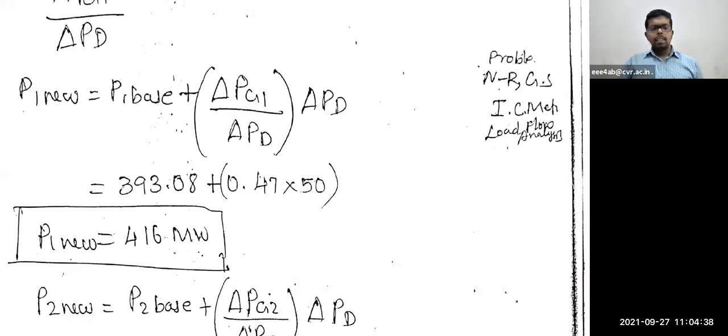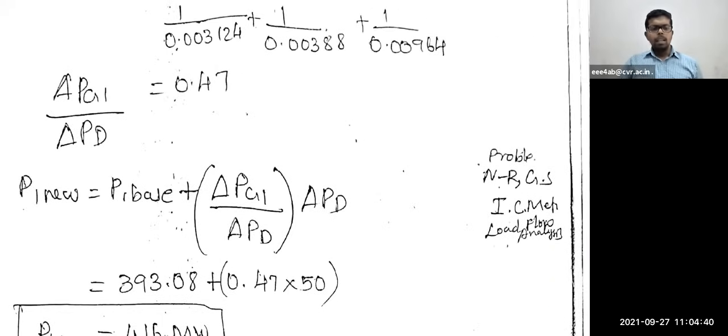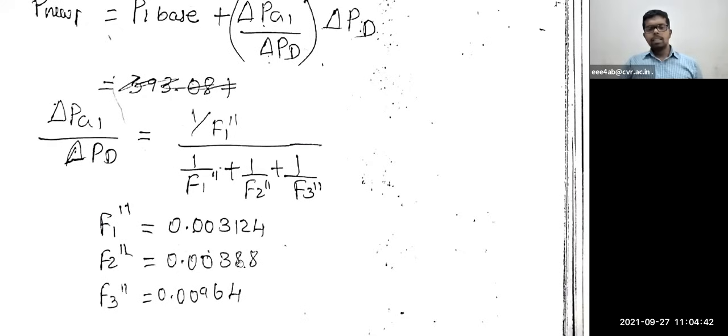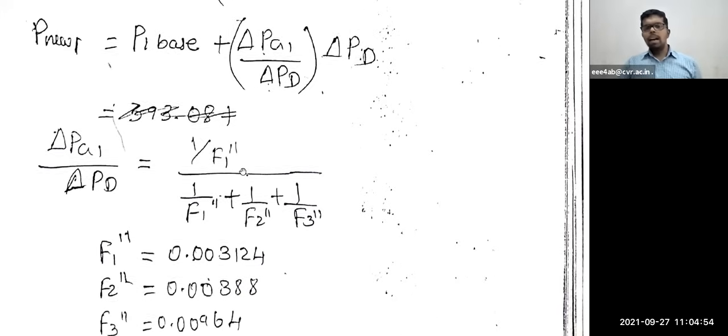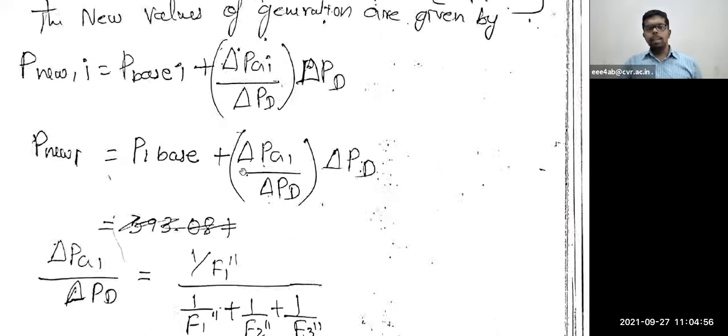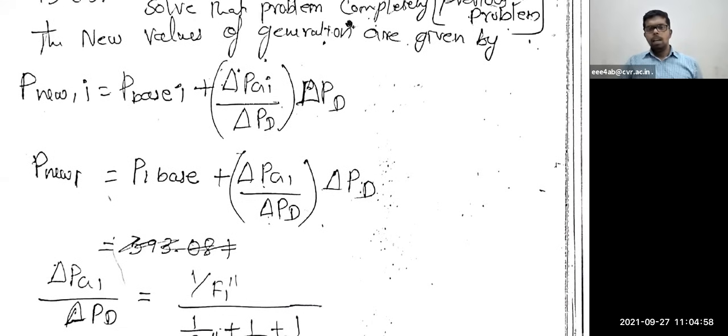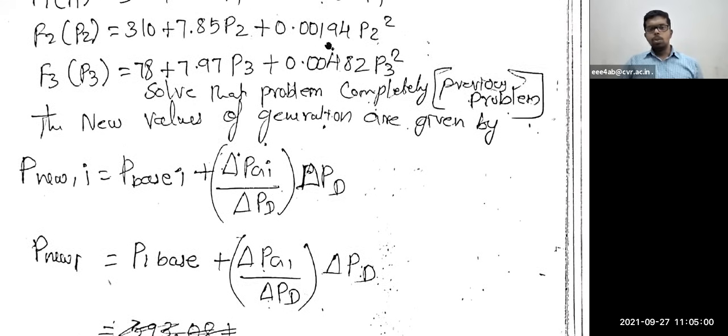Sorry, this is double differentiation, so there is no need to substitute. Double differentiation means you differentiate two times, so you will automatically get this value into 2.